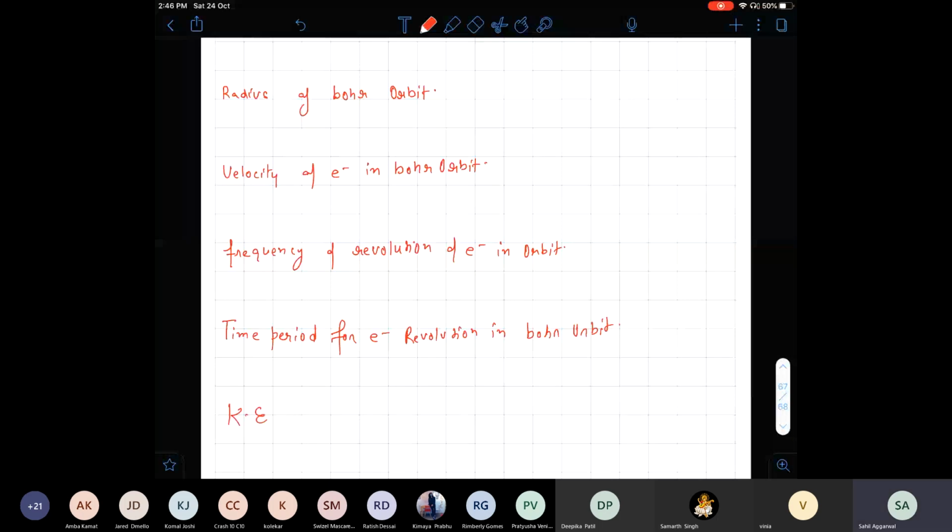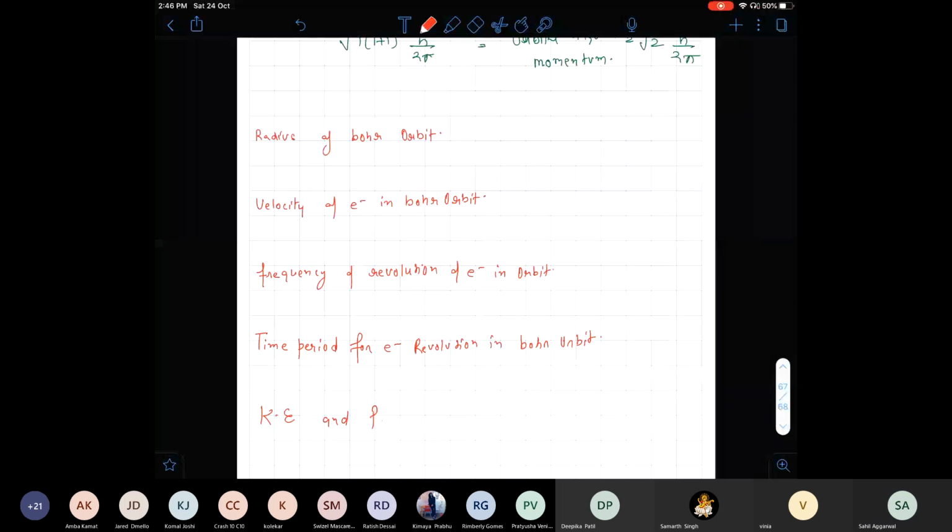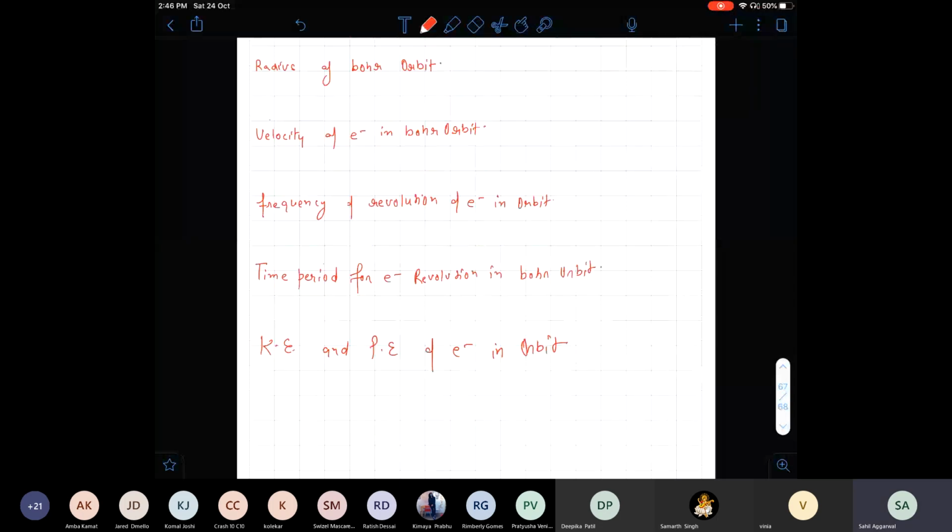Kinetic energy and potential energy of electron in Bohr orbit. Copy it first.